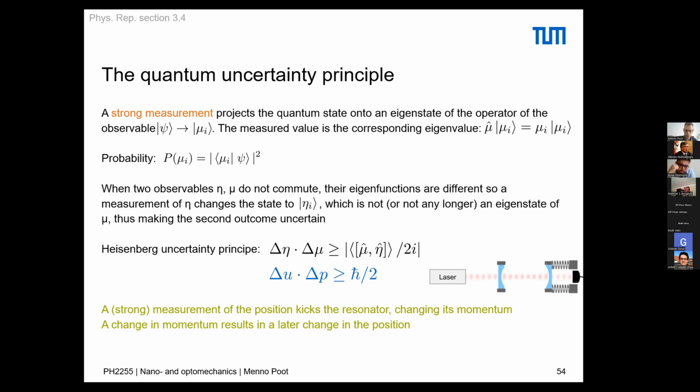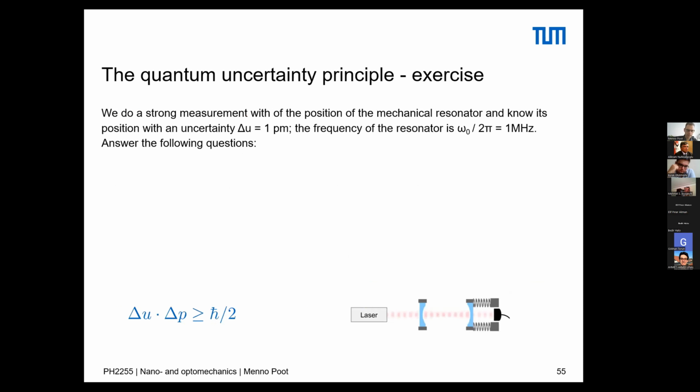So now what we're going to do is a little exercise. We're going to fill in some numbers to see how large this effect is going to be. So we're going to think about this kind of experiment. We have in mind the Heisenberg uncertainty principle. And now we are assuming that we are doing a measurement where the outcome is uncertain by delta U is 1 picometer.